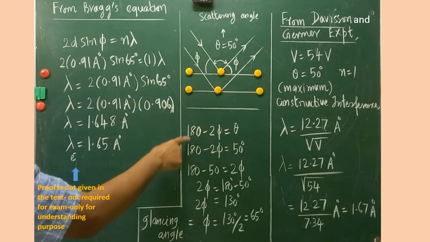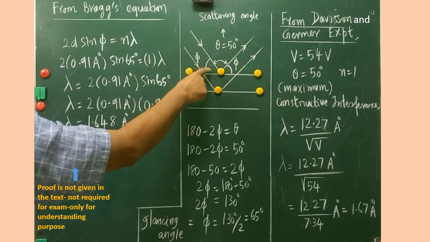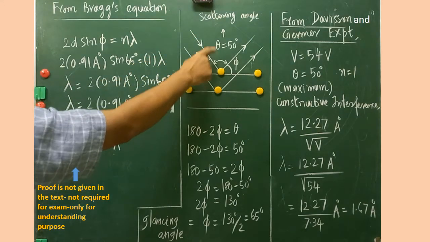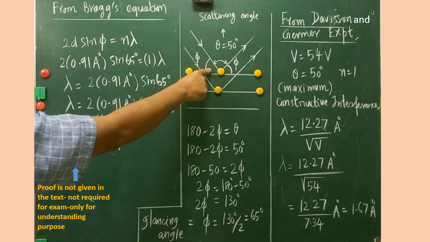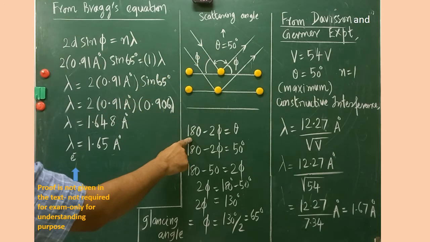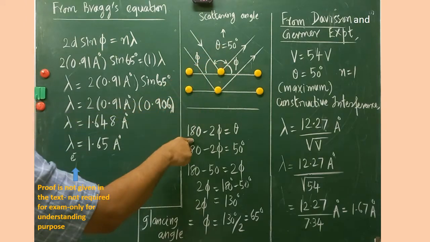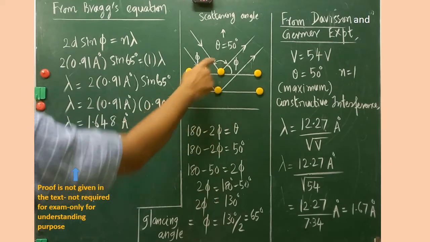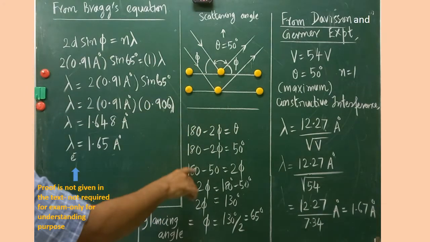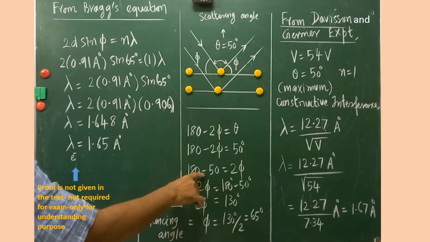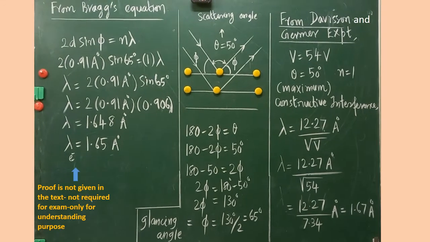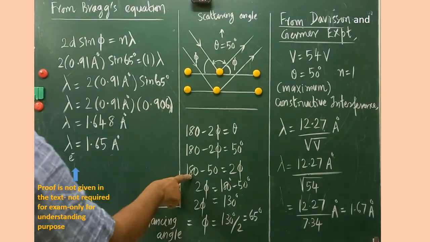How to calculate the glancing angle? Are you clear? Now from the scattering angle, how to calculate the glancing angle? Look at the formula. Total angle is 180. 180 minus 2 phi is equal to theta. Very simple formula. 180 is already here.